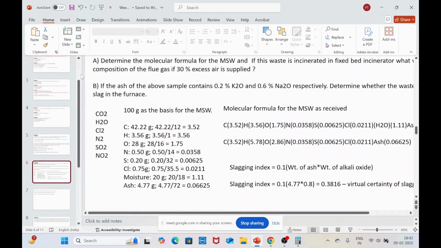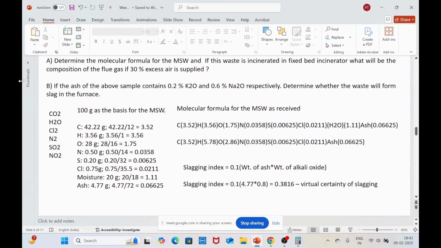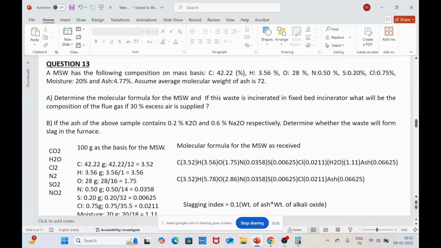It is this question where we stopped last week. We were given the municipal solid waste composition with carbon, hydrogen, oxygen, nitrogen, sulfur, chlorine, moisture, and ash. We were asked to determine the molecular formula, and to calculate the composition of the flue gas generated after burning if 30 percentage excess air is supplied.